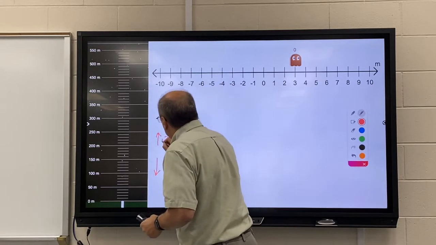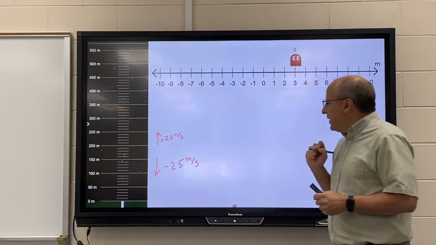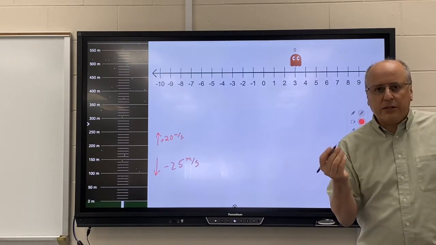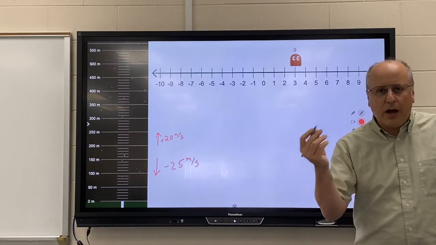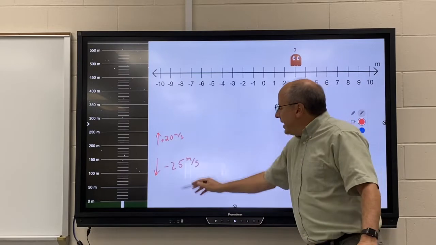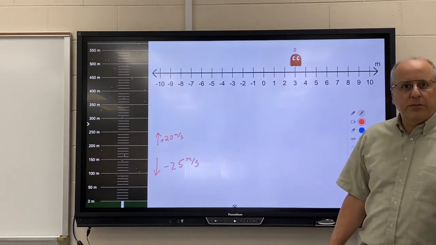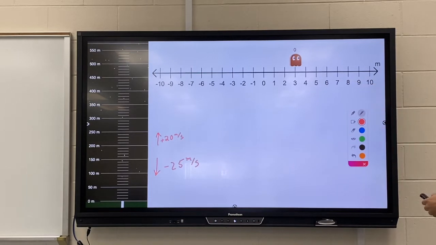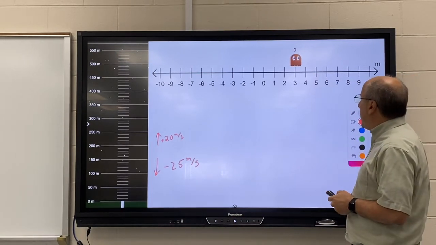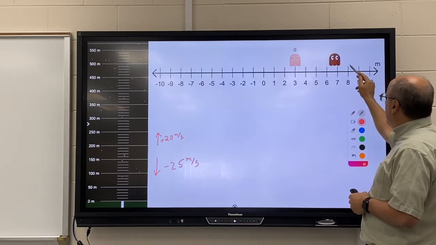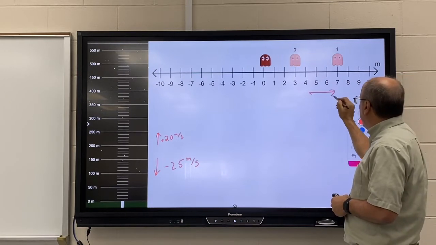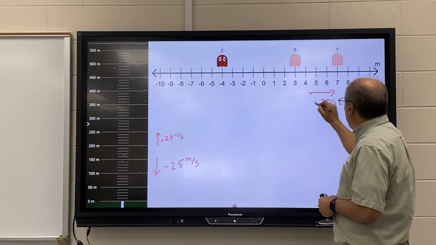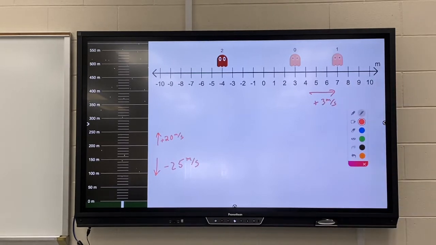It's helpful to put a plus in there even if it's understood to be plus. That way it lets the person know that it's moving up, or a negative lets you know that the object is moving down. If instead you're dealing with horizontal motion, like the little ghost from Pac-Man, you could see him moving right, and that would be maybe 3 meters per second.